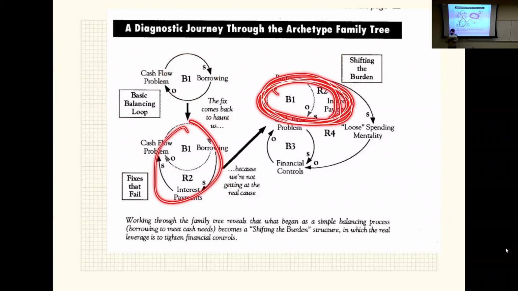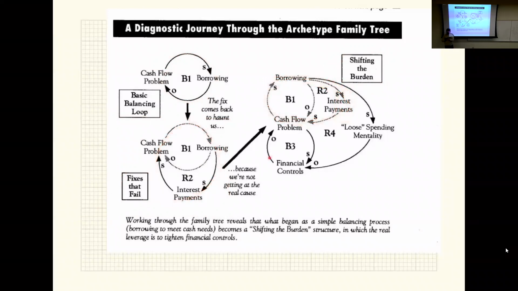And so that was my original fixes that fail. And then they said, you know what, another thing I could have done instead of borrowing is just tighten my financial controls. I could have spent less. Could have said, this month maybe I don't go to the movies, maybe I get rid of one of these subscriptions, those sorts of things. And if I would have done that, that would have helped my cash flow problem.